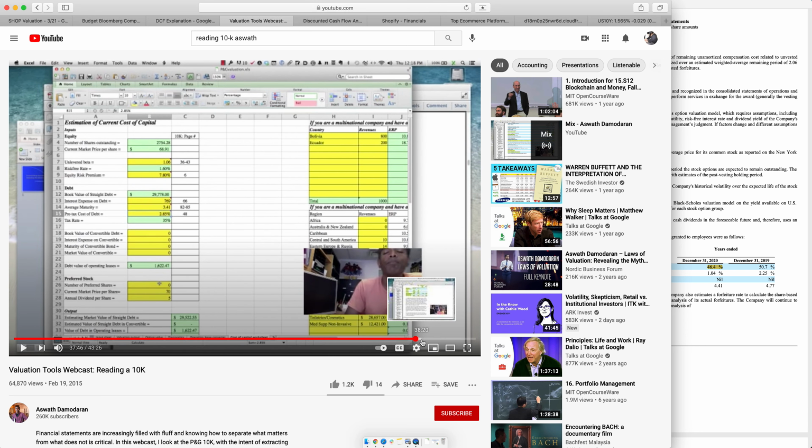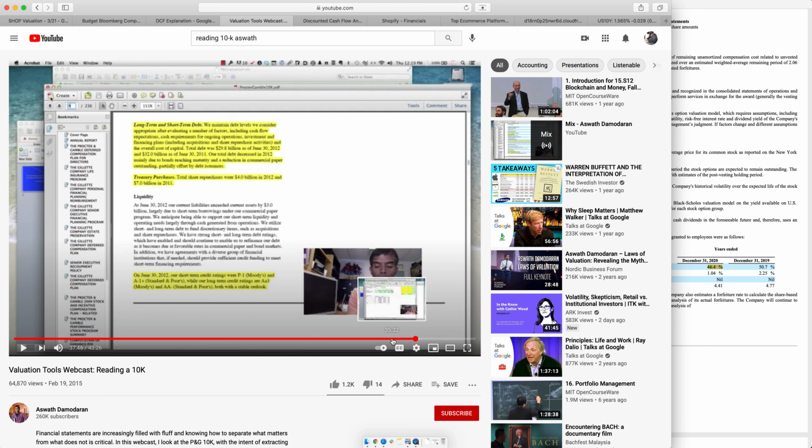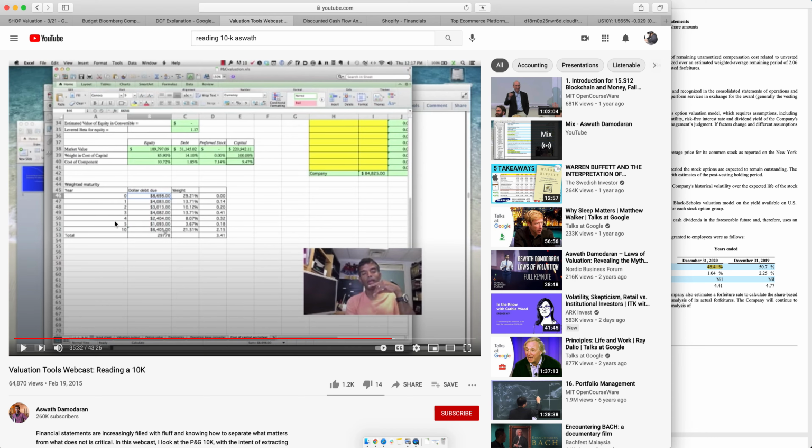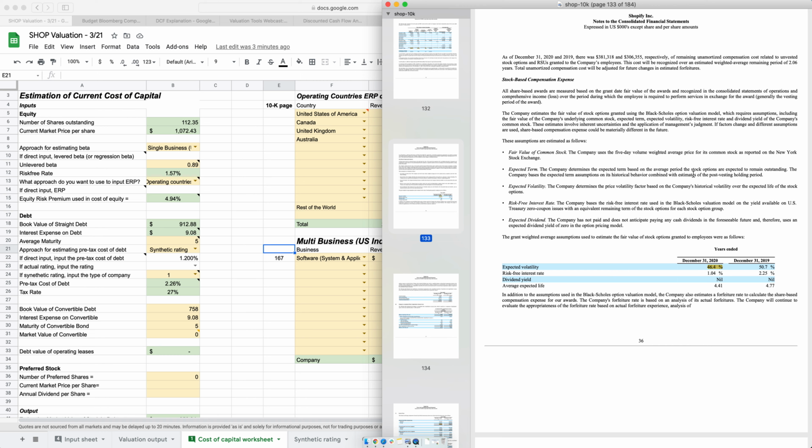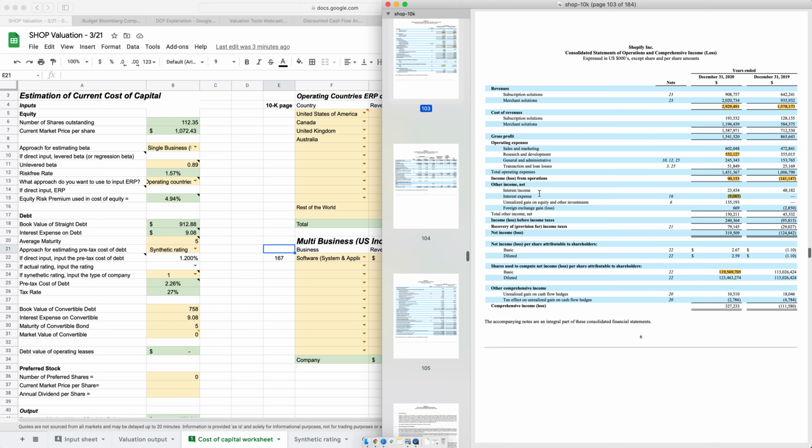Sorry, I don't have it queued up on my computer, but in that case, usually in the 10-K itself they'll tell you if they broke out their revenues by different areas. Here these are all software, so it falls into the same category.